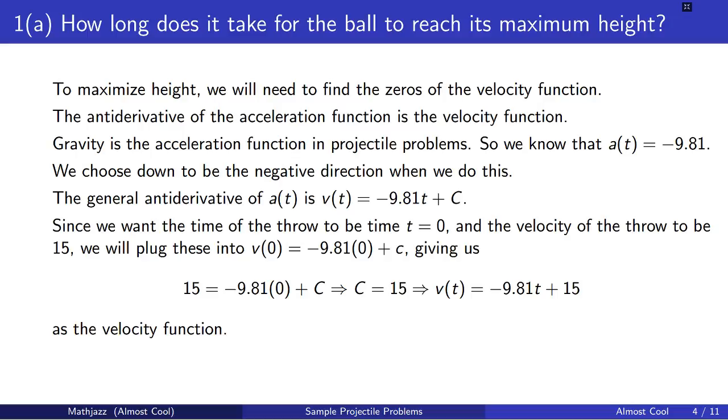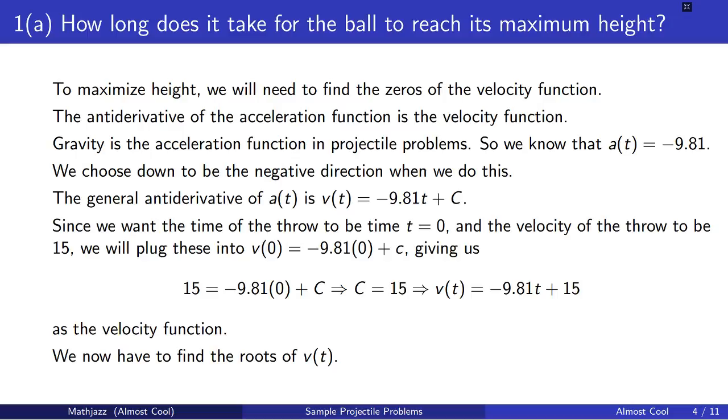So it's built into the very nature of taking an antiderivative that, as long as all of the choices are consistent, you get the same answer regardless of what choice you make. In fact, it might be interesting to try that, to define maybe time 1 as the time of the throw, and resolve this problem and see how you'd still get the same answer for all of these questions. But that's for another video.